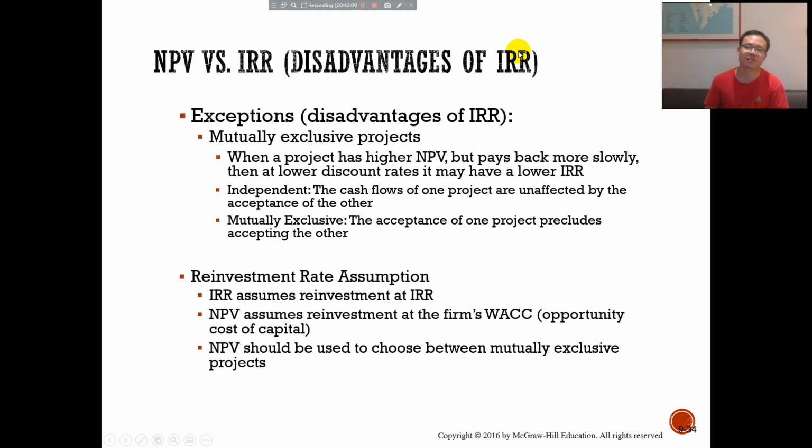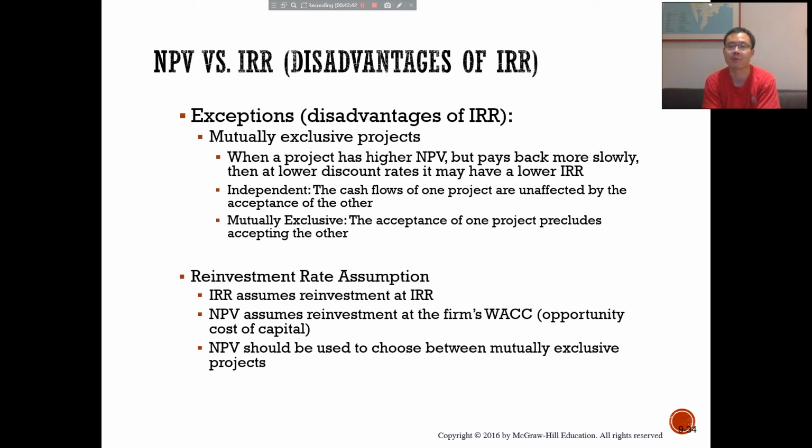The second exception, or disadvantage of IRR, is that when two or multiple projects are mutually exclusive, a conflict may emerge. When a project has a higher NPV but pays back more slowly, then at lower discount rates, it may have a lower IRR.